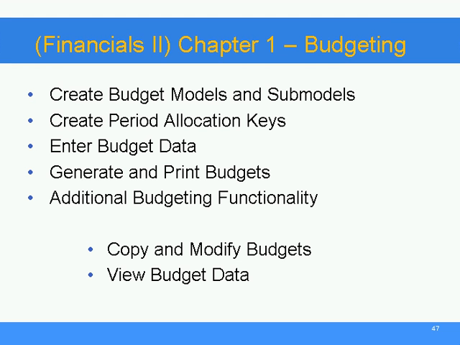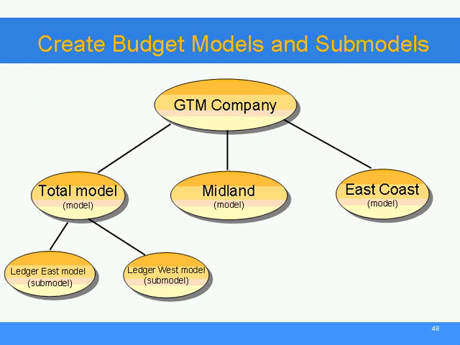Next and last, our chapter is chapter 1, budgeting. Now we will begin financial 2. So we have the objectives: create budget models and submodels, create period allocation keys, enter budget dates, generate and print budgets, additional budgeting functionality, copy and modify budgets, view budget dates.